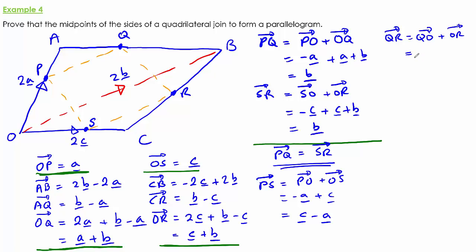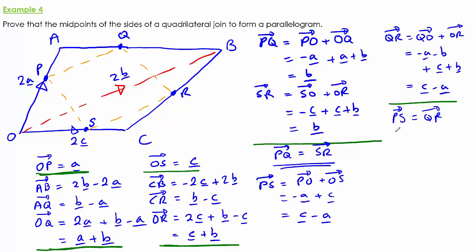So QO, this is OQ, would be minus A minus B, and OR would be C plus B, and the B's cancel there. I end up with C minus A. So at that point, we can see that PS is equal to QR.